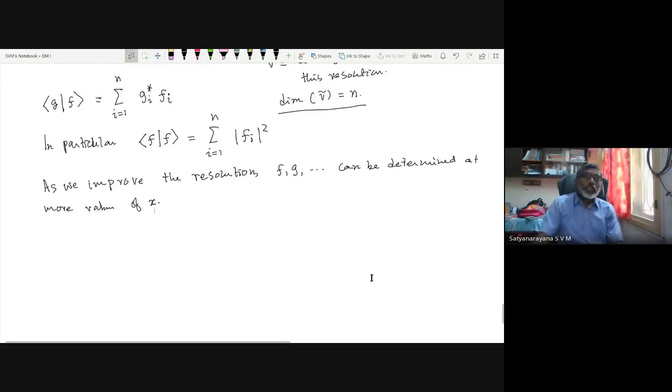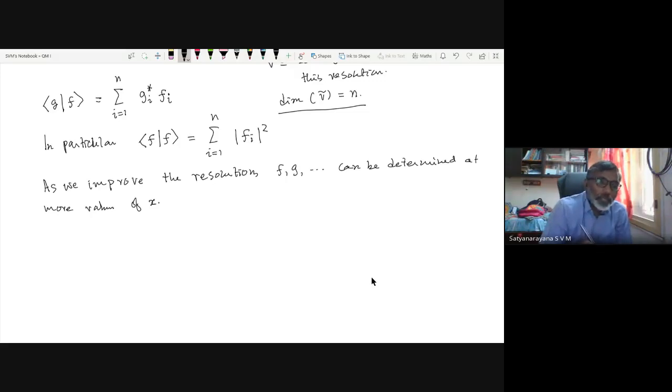In the limit of improving my resolution to the extent that I get the entire function, the whole function, then what happens? How many values of n will be there? It will be infinitely many.